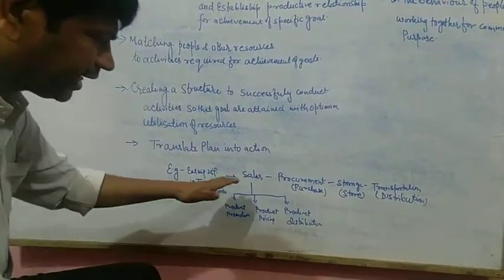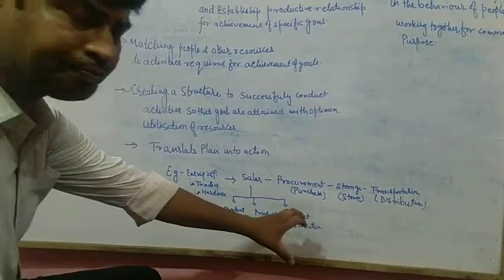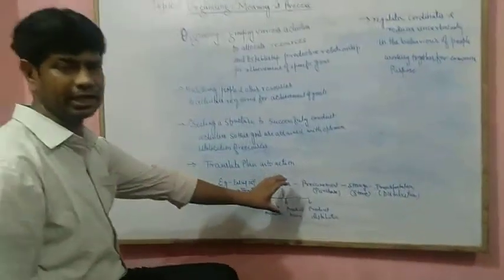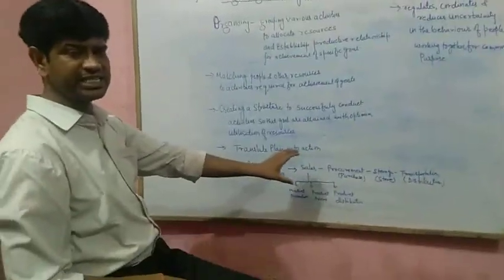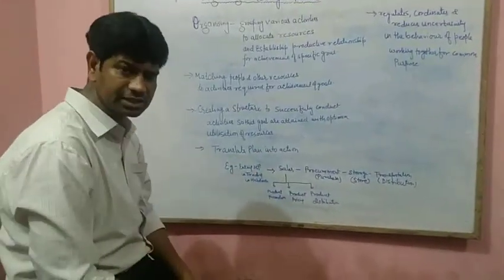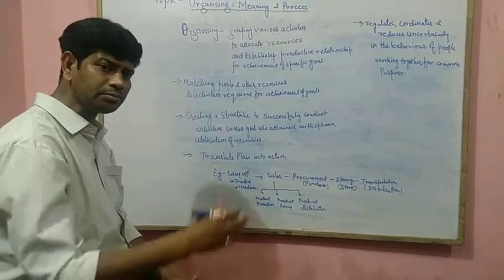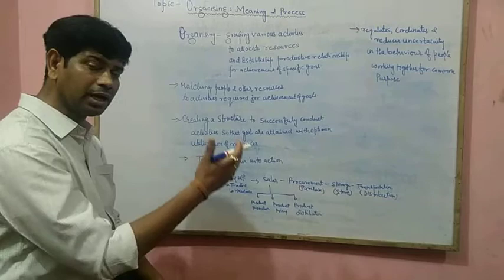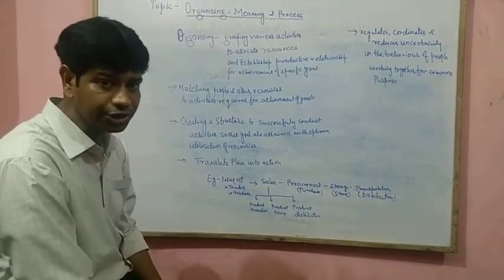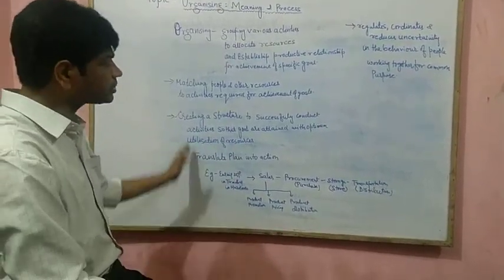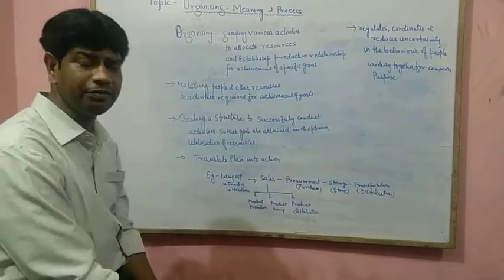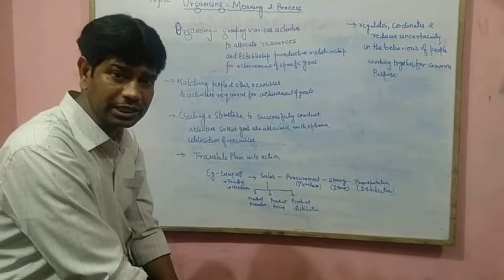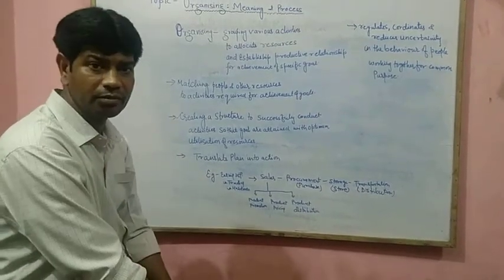So what we find is that the activities relating to one particular job are put into one category. So this is basically grouping of the activities, and then the resource allocation so that the objectives are achieved. If we see in detail, what we find is that this function of organizing regulates.